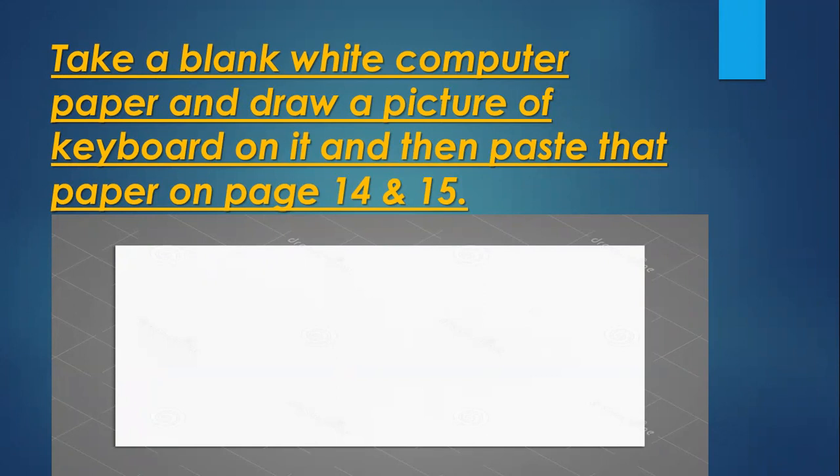And look below, I have also shown you the picture of white paper. You simply place the paper in this direction, which I have shown you in the picture, so you can easily draw the whole keyboard. Take the help from your book and draw the picture on this white page. And after drawing the picture, you will simply paste this picture on your book.